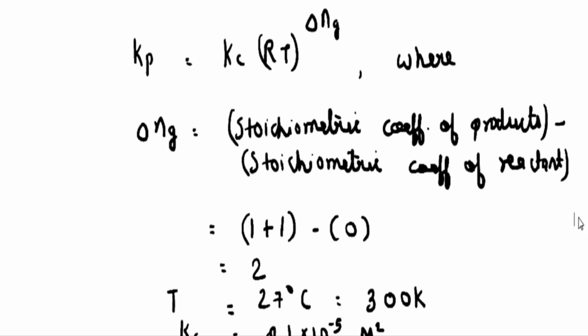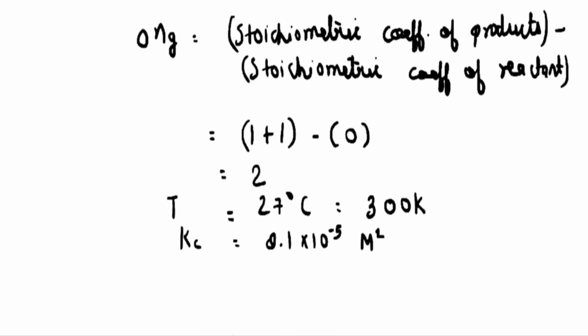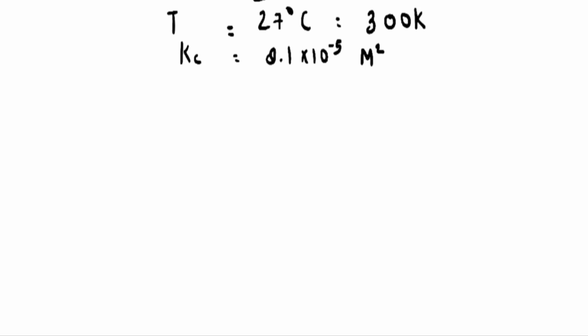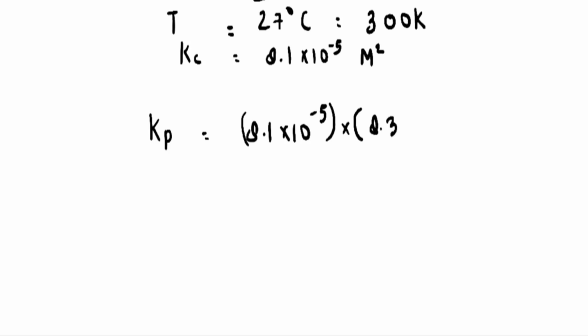On substituting these values, we will get our Kp equal to Kc, which is 8.1 into 10 raised to the power minus 5, into RT, where R is 8.314 and T is 300 Kelvin, raised to the power delta n, which is 2. So on calculating, we will get the value of Kp.